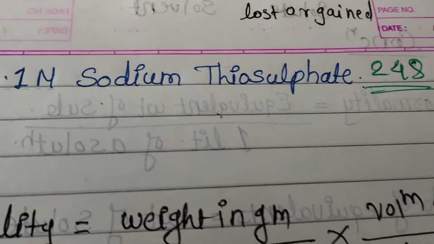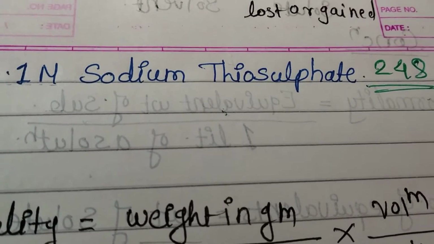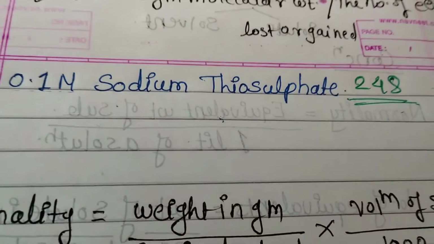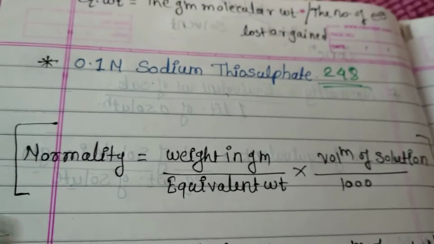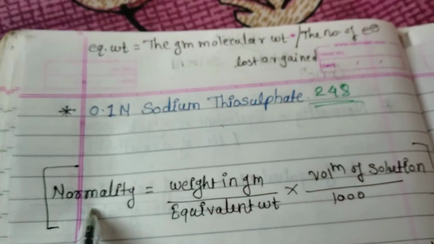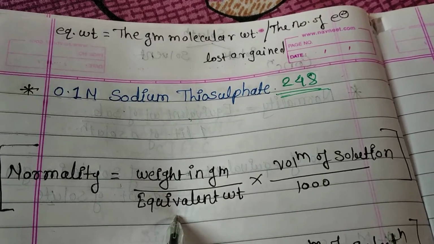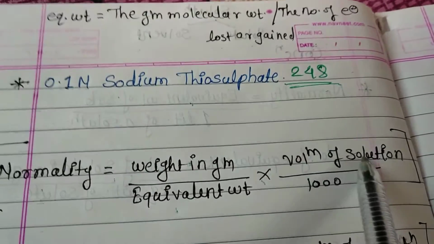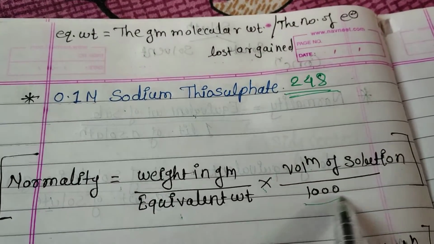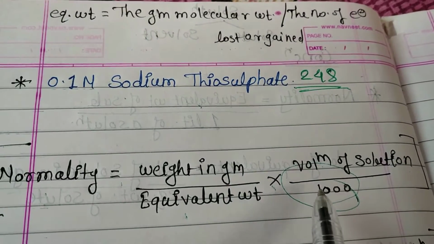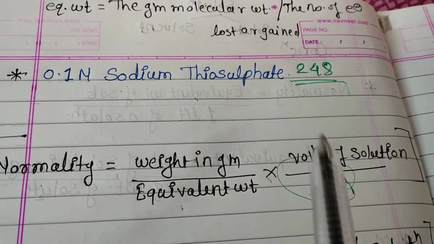When we prepare a normal solution, we consider one simple formula: normality is equal to weight in gram divided by equivalent weight, into volume of solution divided by 1000. Here 1000 is the standard volume.